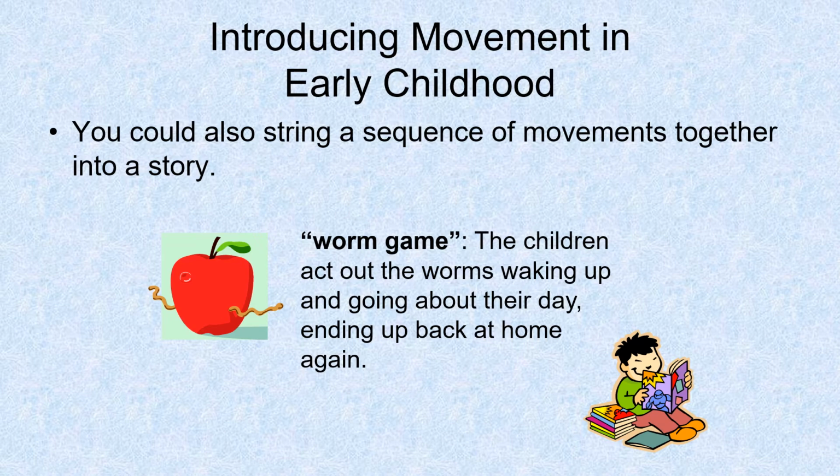What do the worms do throughout the day? Well, we can mimic some of the activities that they themselves will do throughout the day. They wake up, they have some breakfast, maybe they go to school, they brush their teeth. There are various things that they do, and then they end up back at home at the end of the day. So that would be an example of choreographing something and stringing together movements into a story.